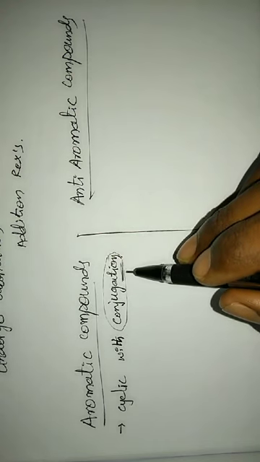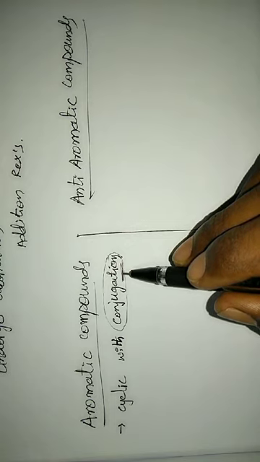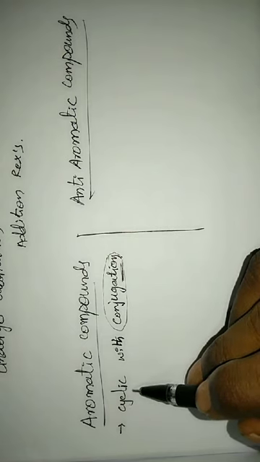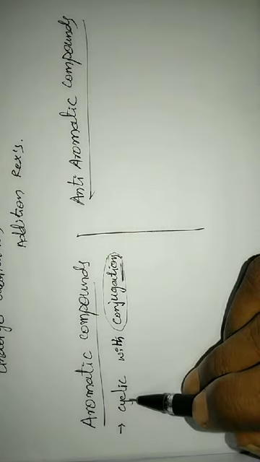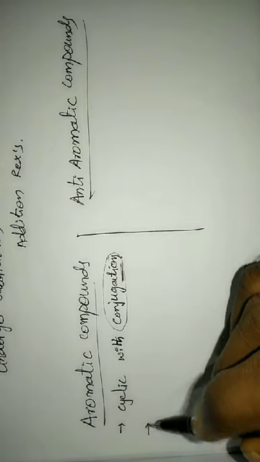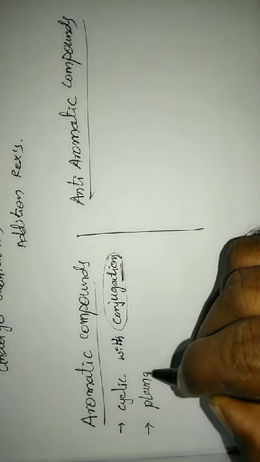We have already discussed this in electron displacements, so once again remember that. The first condition for aromatic compounds is that the compound should be cyclic with conjugation. The second condition is that the compound should be planar.